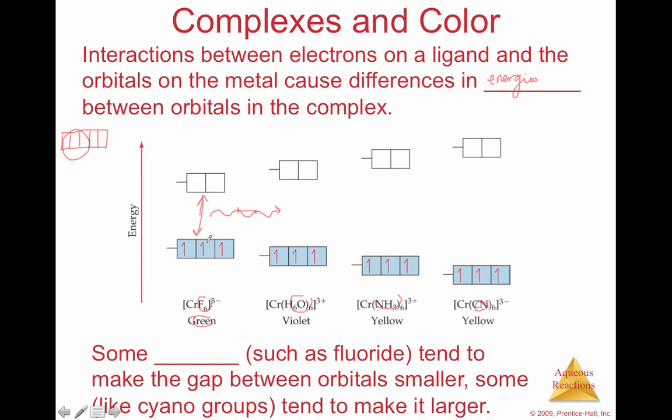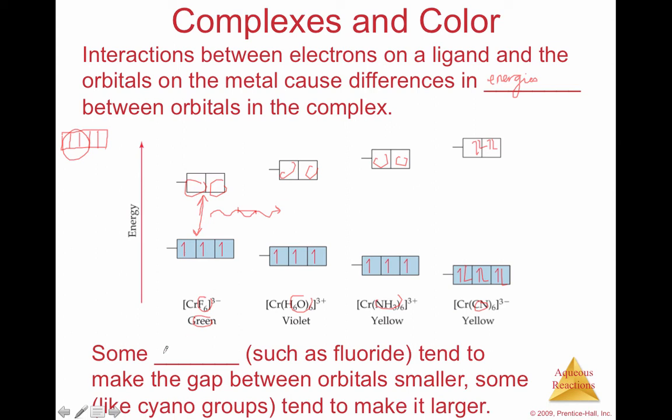For this to happen, there must be an empty orbital above for the electron to move. If all the orbitals are filled with electrons, for example, then the solution will be clear with no color. This is why magnesium +2, which has no d orbitals, would be clear.